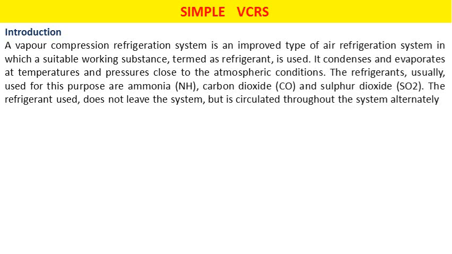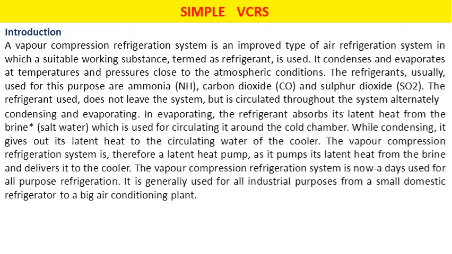It condenses and evaporates at temperature and pressure close to the atmospheric condition. The refrigerants which are used are carbon dioxide, sulfur dioxide and ammonia. In the evaporator, the refrigerant absorbs its latent heat from the brine solution which is used for circulating around the cold chamber.